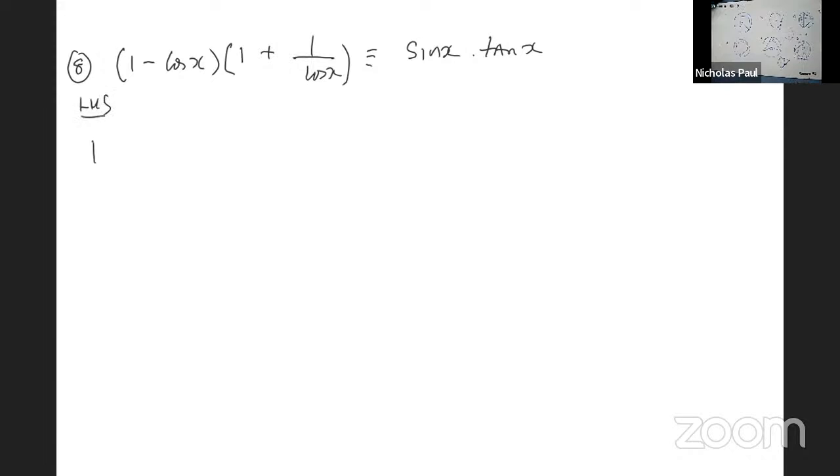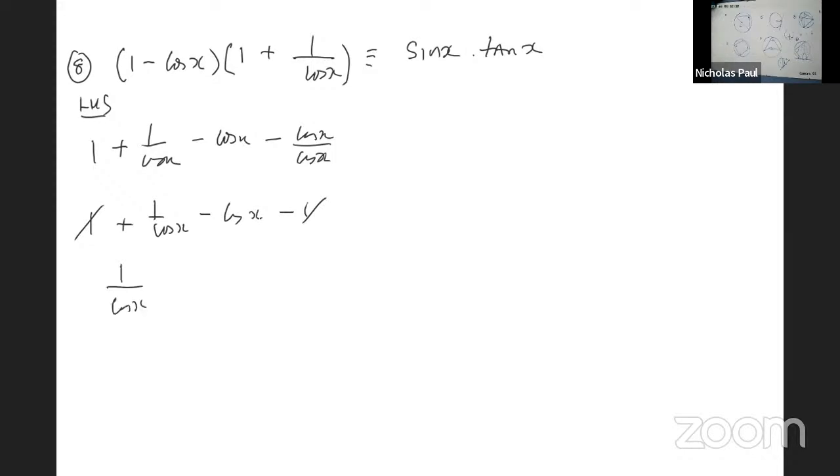So when you multiply, you'll get 1 by 1 is 1. 1 by cos x is 1 on cos x, minus cos x. So this will be 1 minus cos x. This will cancel and you'll get 1 on cos x minus cos x on 1.